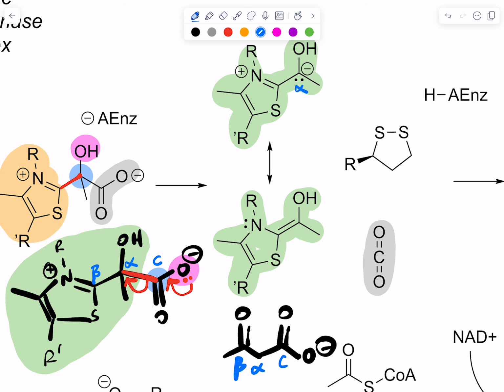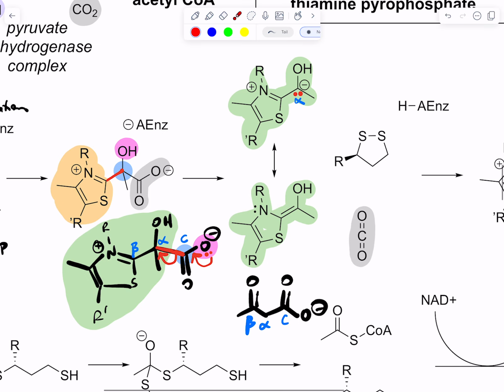And importantly, that lone pair that came from the bond we just broke is adjacent to a pi bond. So that's a classic situation where resonance can happen. The negative charge on that alpha carbon is stabilized by resonance. I can draw arrows this way, form a pi bond here, break this pi bond, move it to a lone pair on the nitrogen to get this neutral, uncharged resonance structure.